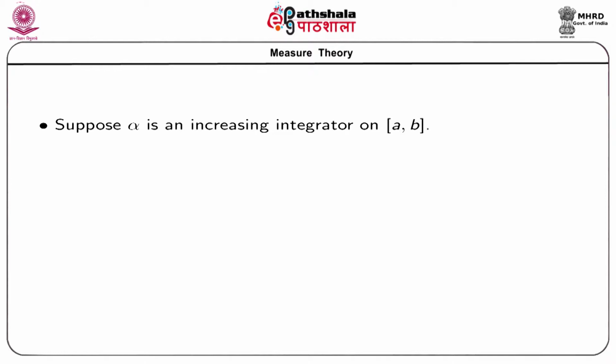Suppose that alpha is an increasing integrator on closed interval [a, b]. Then it is an easy observation that the three sums are related by this relation, that L(P, f, alpha) is less or equal to S(P, f, alpha), which is less or equal to U(P, f, alpha).